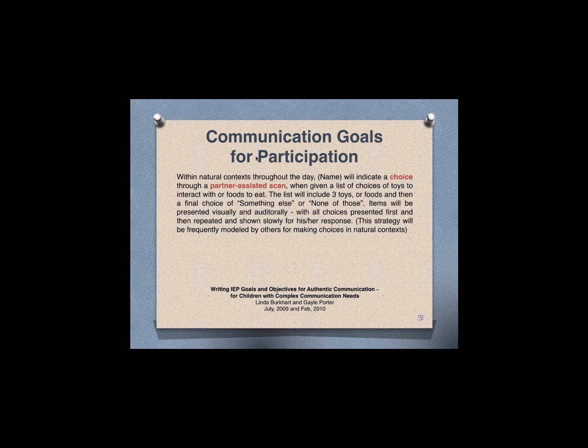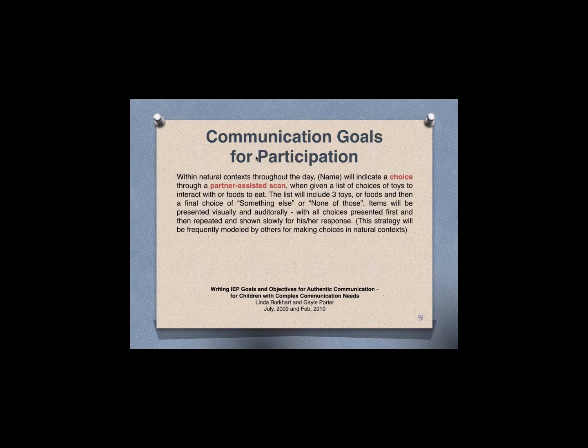We're not talking yet in this system or in this series about partner-assisted scanning, but that's just another access way for kids to be able to get access to a communication system. But here's a sample goal from Linda Burkhart and Gail Porter that really lays out choice making and how we can really support our kids for effective choice making.